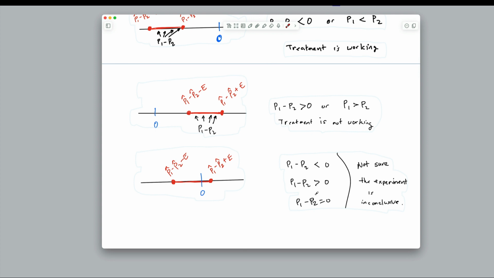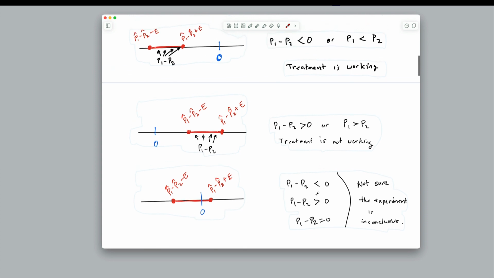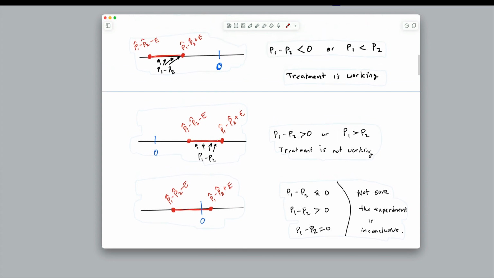With confidence intervals for a difference of parameters or difference of proportions, you're always going to run into these three typical outcomes. And this is true for a difference of means as well. That's the idea when you're asked questions about whether you can say one population mean or proportion is bigger than another population mean or proportion.